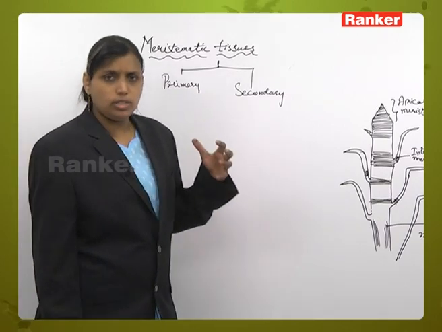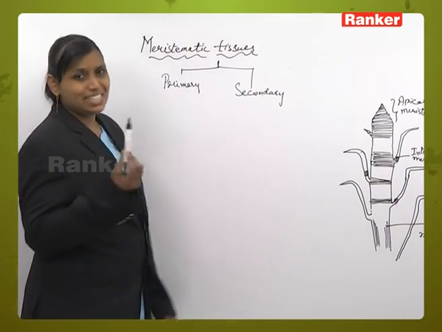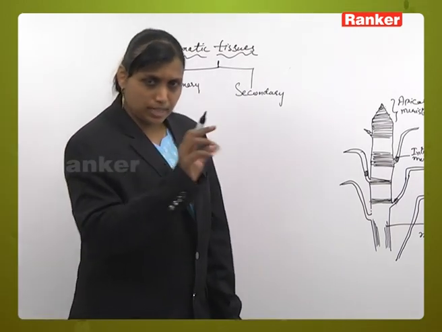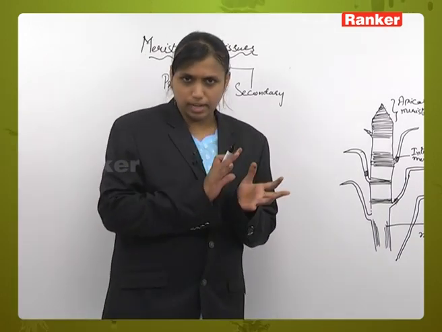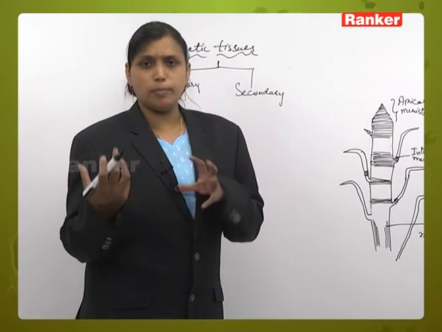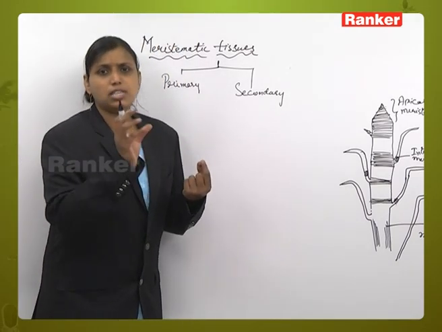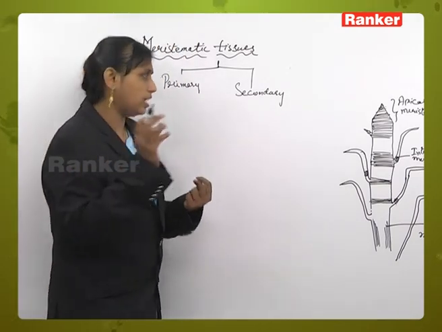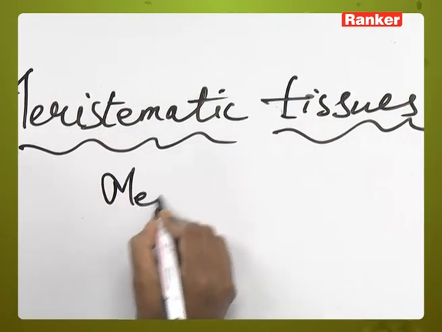Now when we come to the structure of cells, how can you differentiate that a particular tissue is a meristematic tissue? How can you differentiate between parenchymal cells, simple tissue, and complex tissue? There are some basic characteristics by which we can say that this is a meristematic tissue. So what are the characteristics of the meristematic cells?